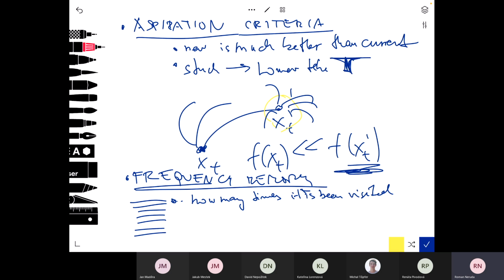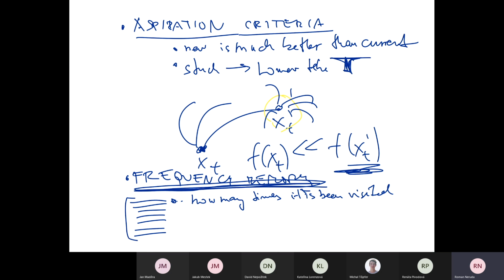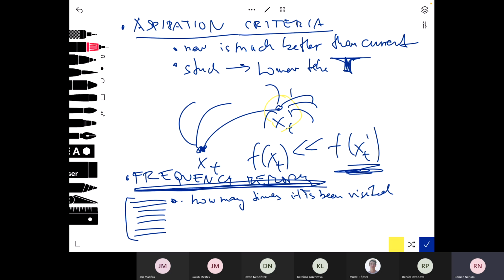So the frequency memory is just a mechanism how to remember the frequency of visits for the possible individuals, for the instances, and then it can be used to actually improve the search.